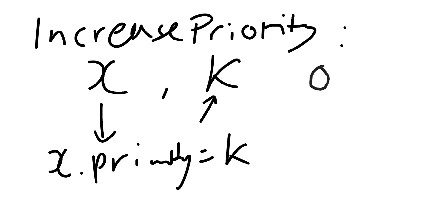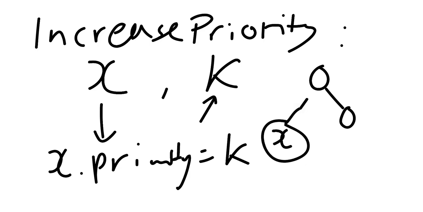So now let's say we had some kind of heap like this where element x was over here. Now element x has this new priority k. Because it has priority k, there's a chance that we might have to either bubble up like we did in insert or bubble down like we did in extract max.